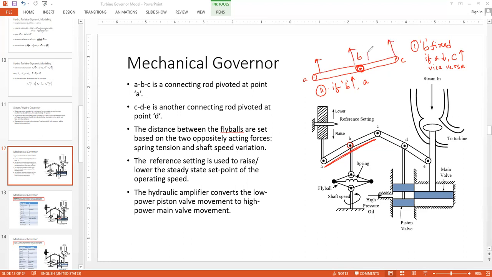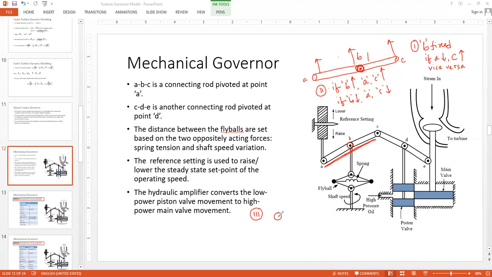The whole part will move up, and vice versa. So A and C both go down. Point number 3.